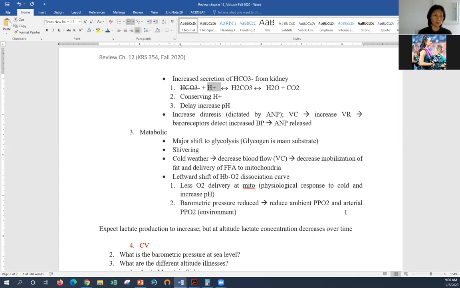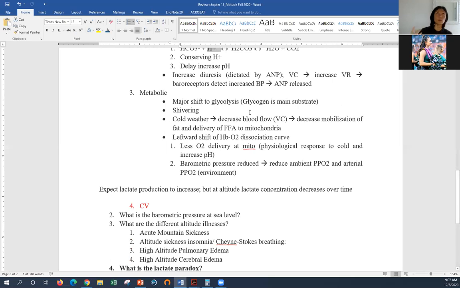This is another reason why we shift onto glycolysis as our main way we produce ATP. Another reason is that if we start to shiver, shivering uses glycogen as its fuel source. So these are the reasons why we shift our reliance onto glycolysis.